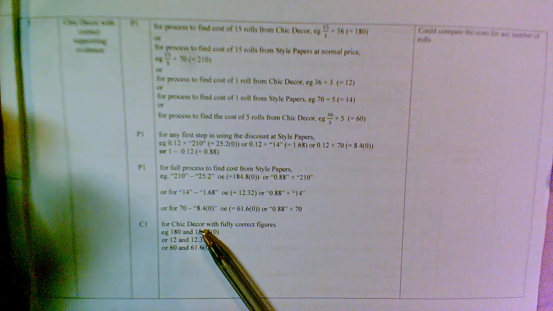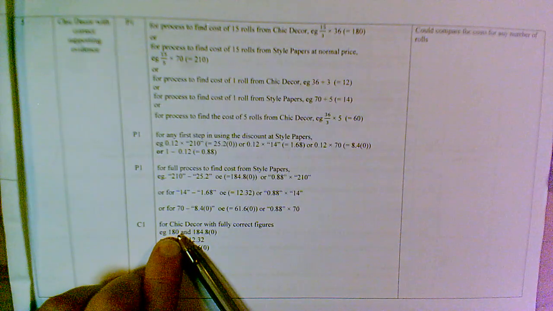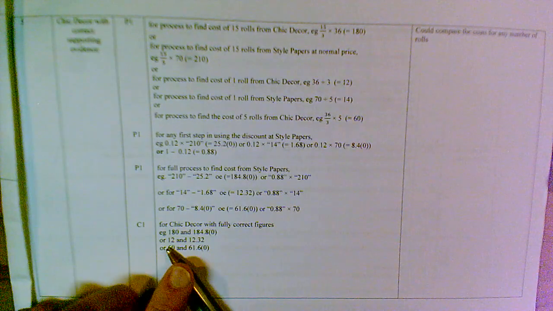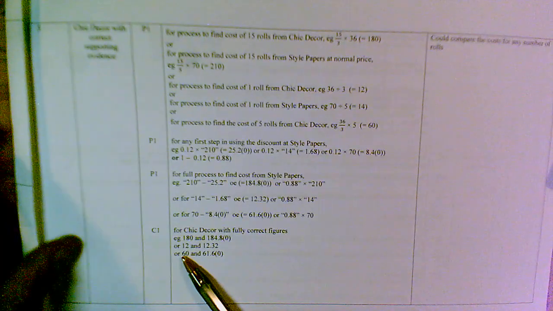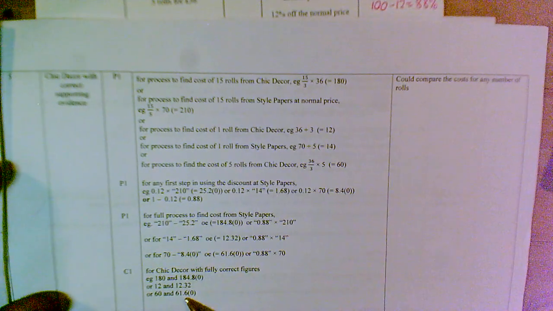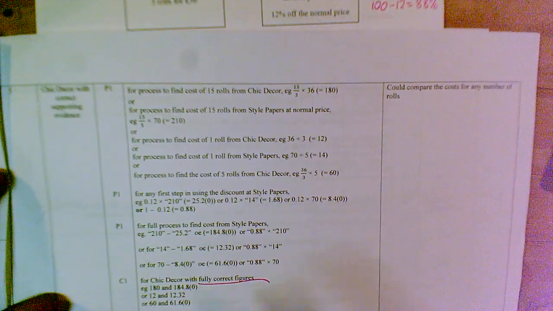Just writing it's Chic Decor is not enough. You need to have had, like the example I used, which is for all the rolls, £180 and £184. I think £12 was what one roll is, and a few of you did this, how much it would cost to buy 3 rolls or something like that, I can't remember. But you need the fully correct figures to get your marks.